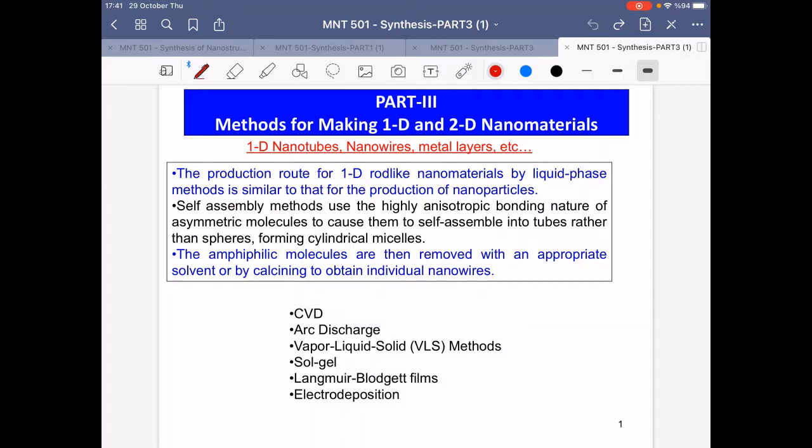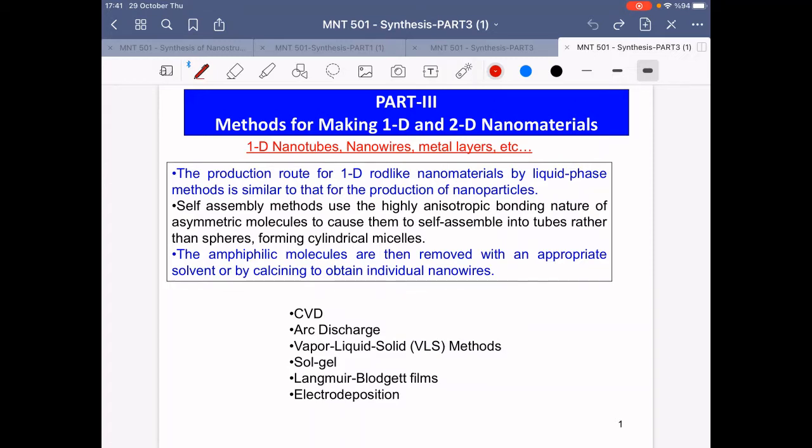So in general, the production route for one-dimensional rod-like nanomaterials by liquid phase methods is similar to that for the production of nanoparticles that we learned in part 2, which involve the self-assembly methods that use the highly anisotropic bonding nature of asymmetric molecules to cause them to self-assemble into tubes rather than spheres, forming cylindrical micelles in this case.